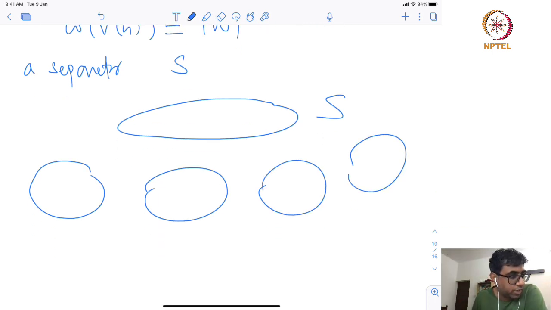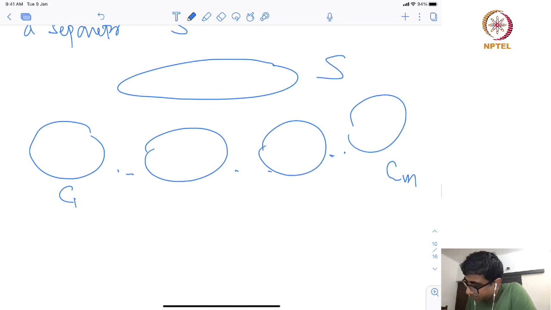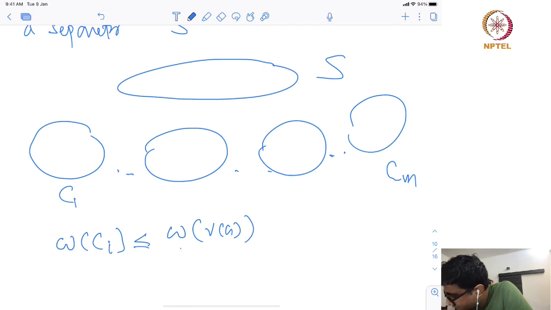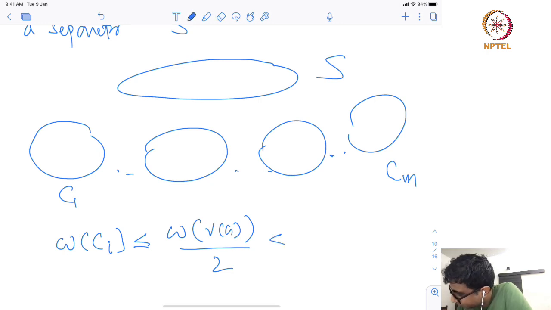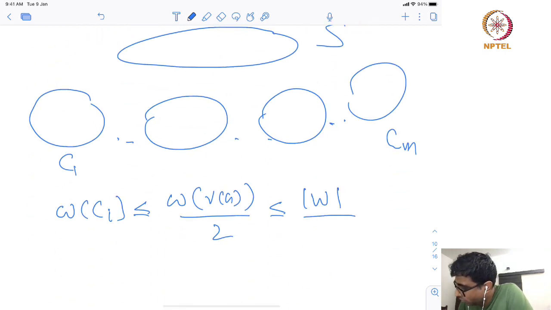Okay. So what is my component? Suppose we have components C1 to Cm, M components. The property is that the weight of Ci is at most the weight of the vertex set of G divided by 2, which is nothing but at most cardinality of W divided by 2.